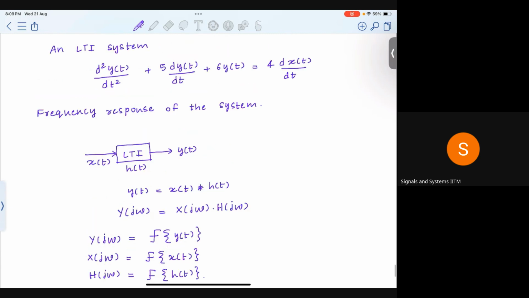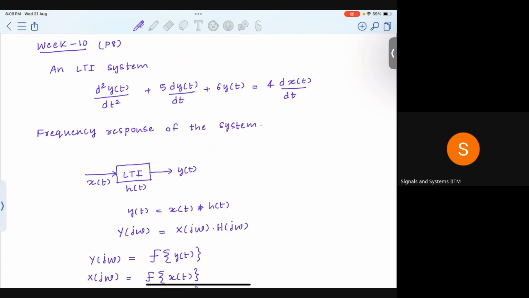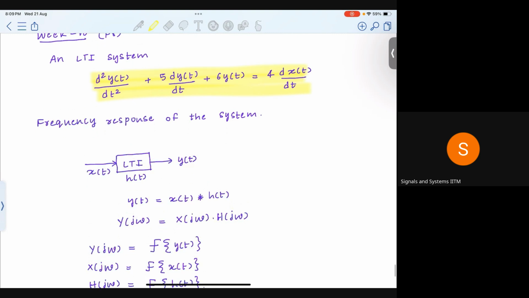Now let's try to understand the question. The LTI system is defined by this differential equation, and you're supposed to find the frequency response of the system.